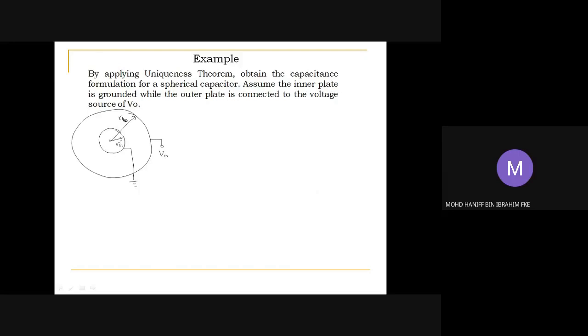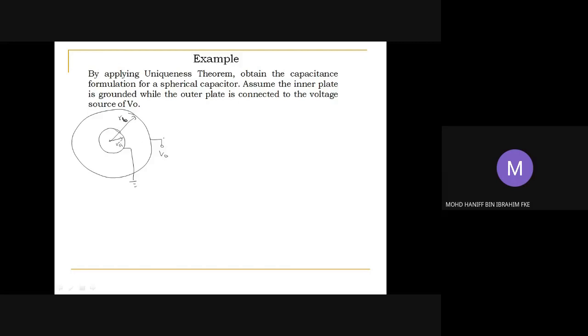Secondly is the boundary condition. So what we did here is we define the boundary condition. We define that the inner conductor is grounded, which is 0 volt, and the outer conductor has V0 voltage. It can be the other way around, whereby the outer is grounded and the inner has V0, as long as we have a boundary value. So that's the important thing.